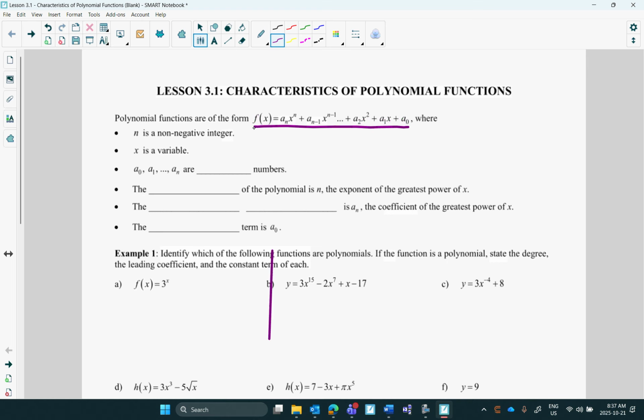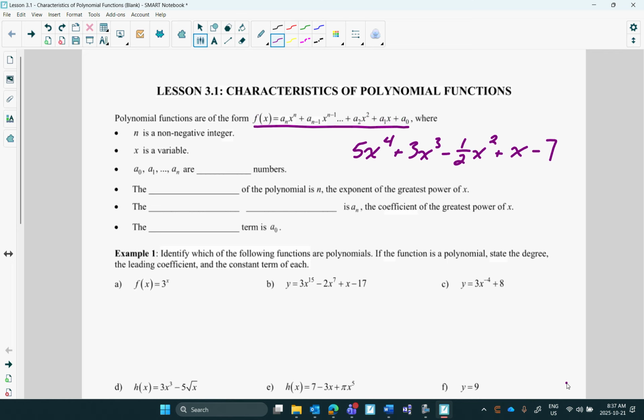So something like this. If I had 5x to the 4 plus 3x to the third minus 1/2 x squared plus x minus 7, that would be a polynomial function. Okay?